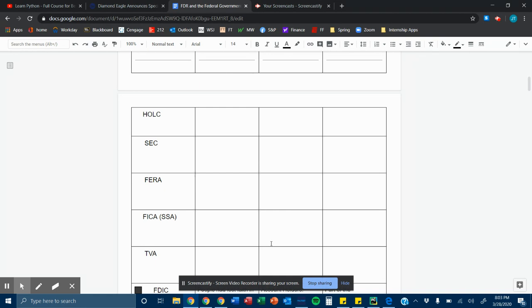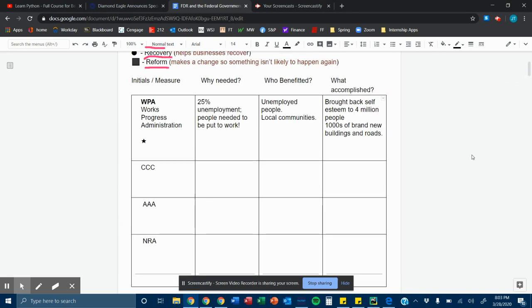But these alphabet agencies, as they became known, a lot of people just started to shorten these long names into just their initials. So they just stopped saying Works Progress Administration. It just seemed like a mouthful. And they just started quickly calling it the WPA, and everybody kind of knew what that meant.